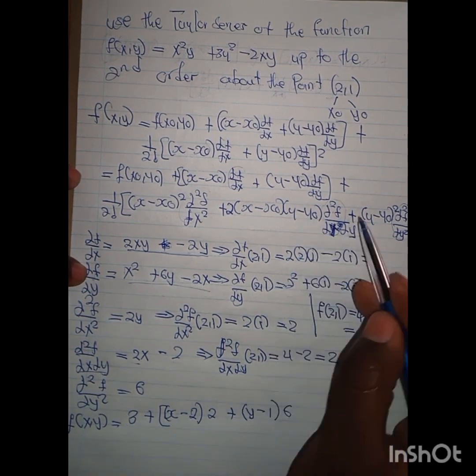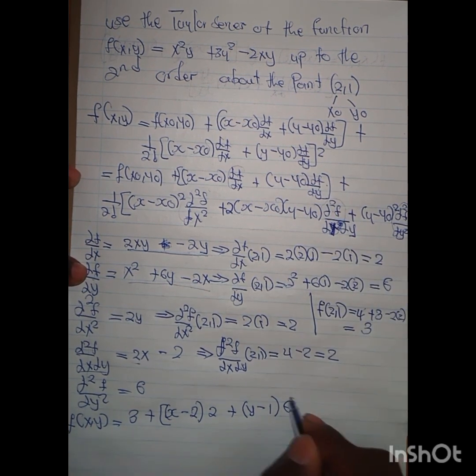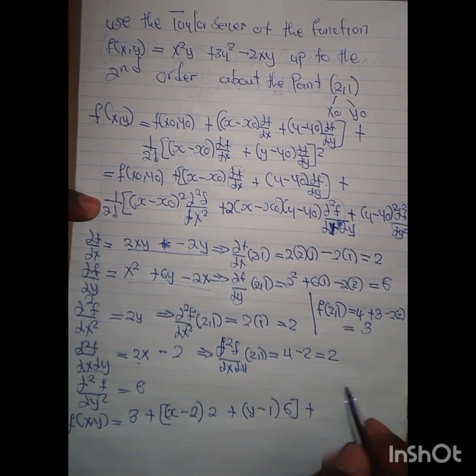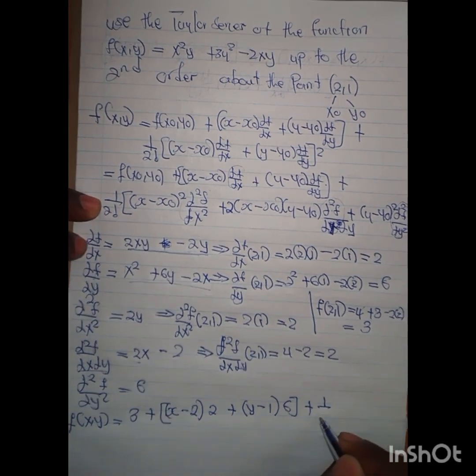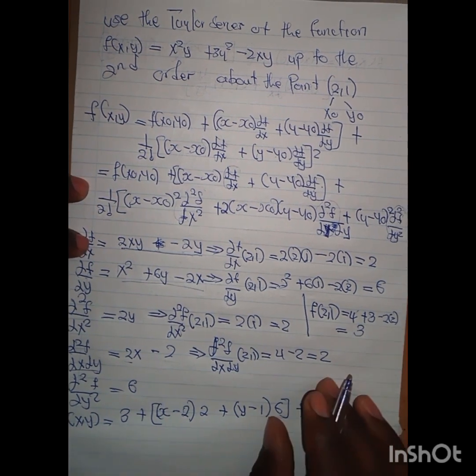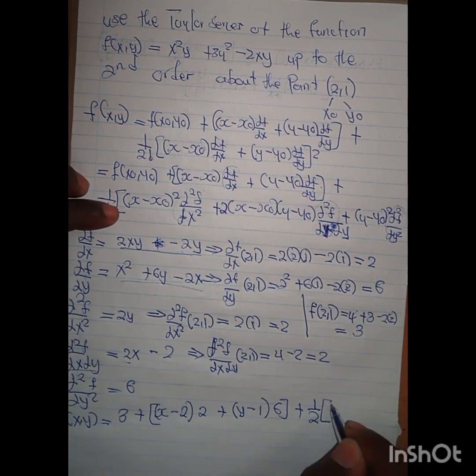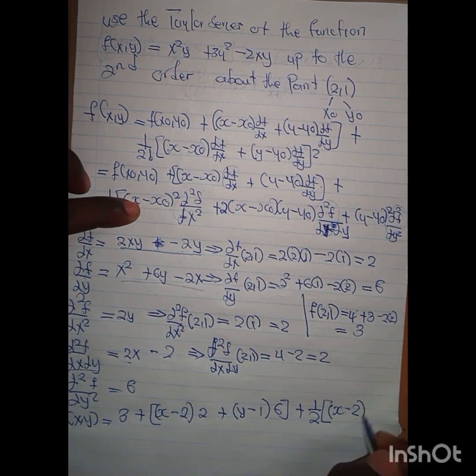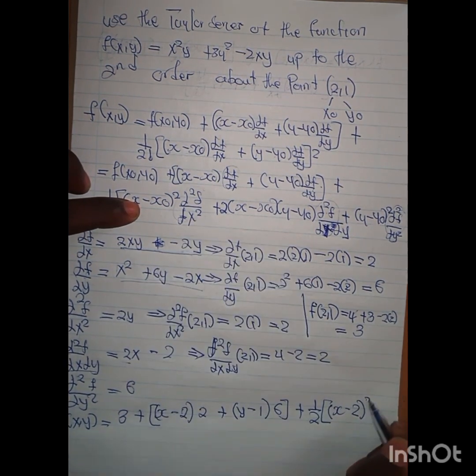Then now we are done with this part. Plus 1 over 2 factorial. 1 over 2 factorial is just the same as 1 over 2 times 1, so which is 1 over 2. Now we have the following. x minus x naught is a 2, then all squared.